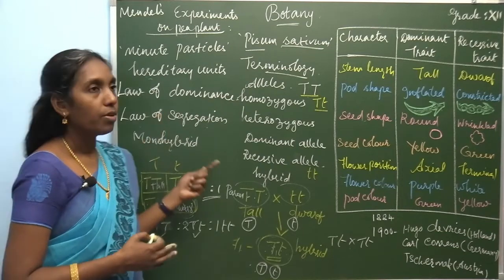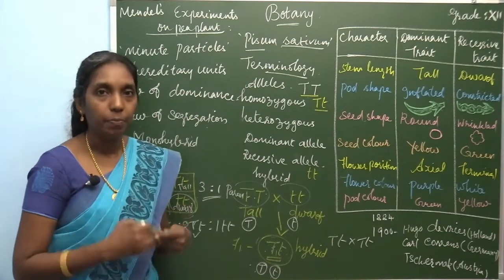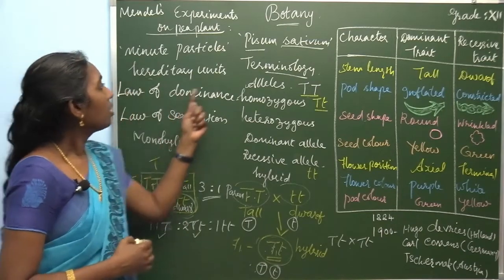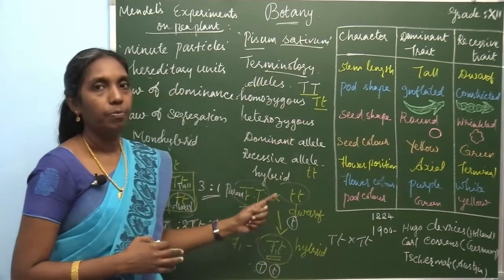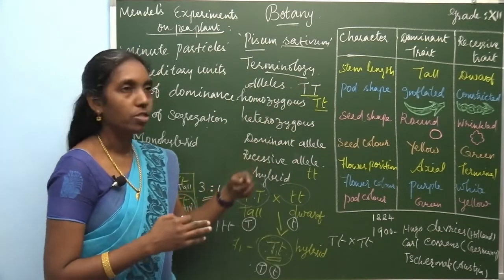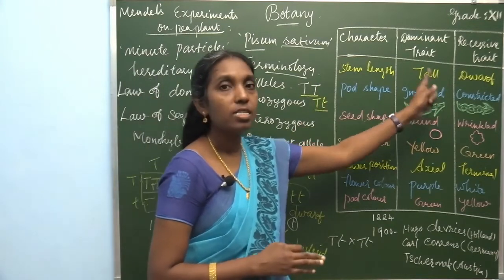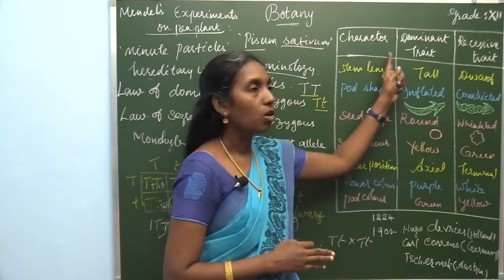Once we review what you learned today, first Mendel's experiment on pea plants. There is certain terminology. First you learn what these are: what is allele, what is homozygote. These are all 2 mark questions. And what are the characters Mendel selected in his garden pea?